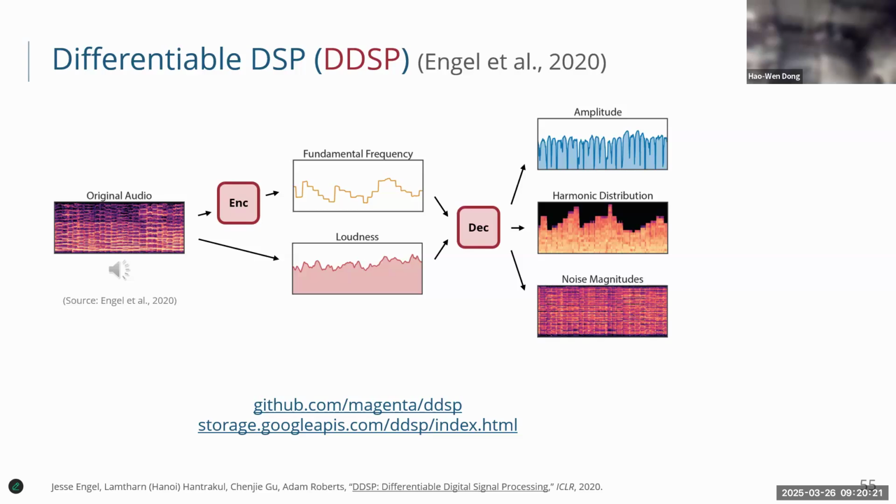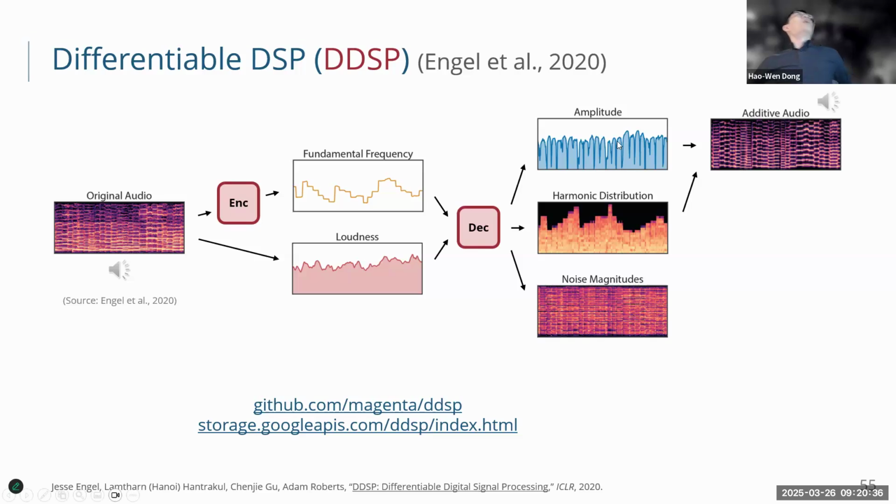So it's similar in the sense of how the harmonics distribute over the spectrum. And then noise magnitude is the additive filter noise part. We will see it later. So with these, you can get this additive audio, which is basically just frequency plus loudness.